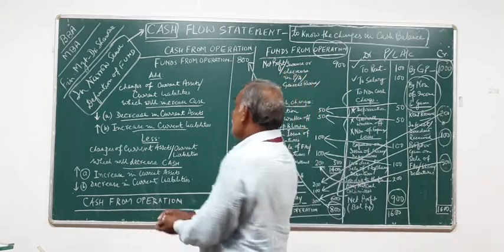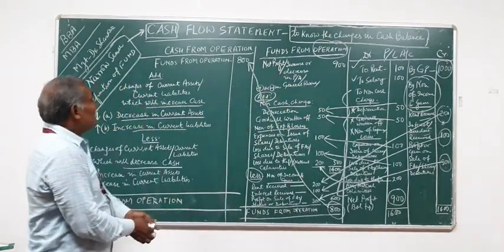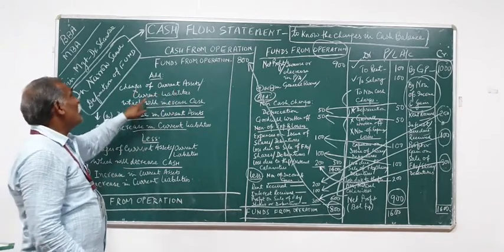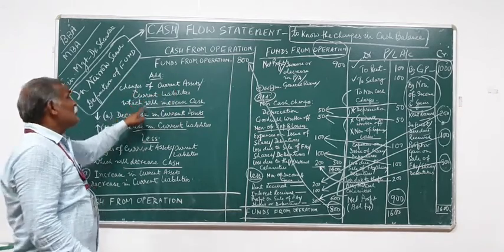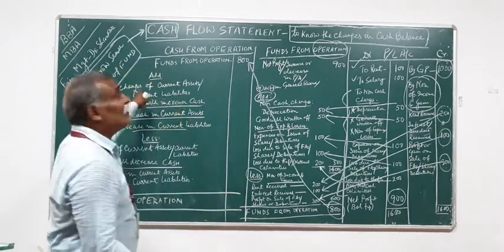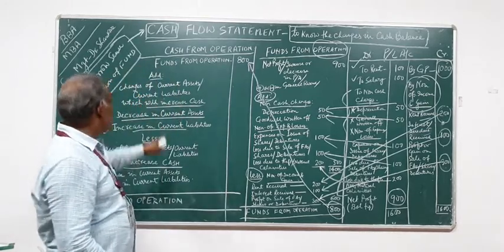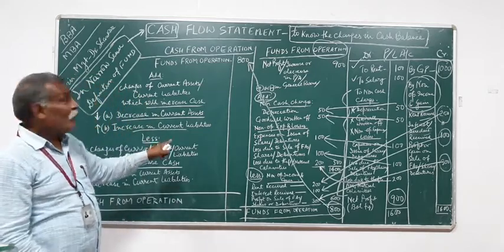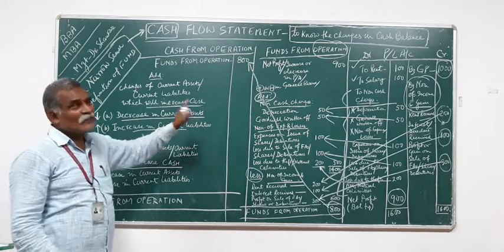So the changes of current assets or current liabilities which will increase cash: which changes? Decrease of what? Current assets.